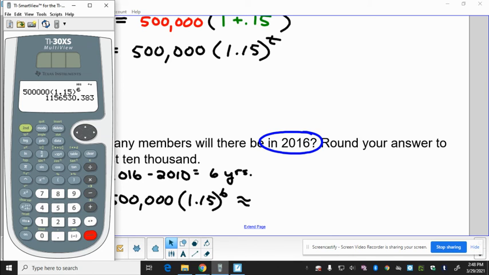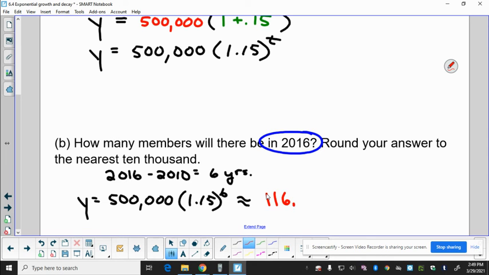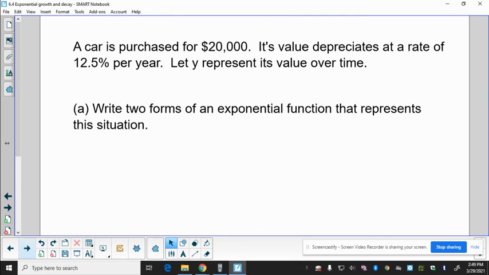Okay, so the 10,000 is this 5 right here. The 6 next to it is big enough to raise up, so it'll be 116,000. All righty, let's go on.